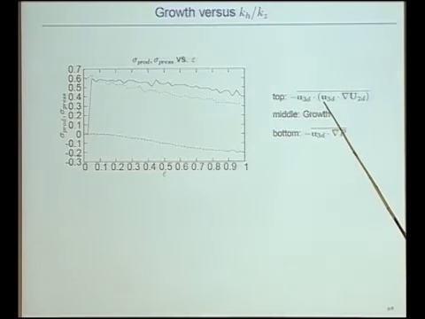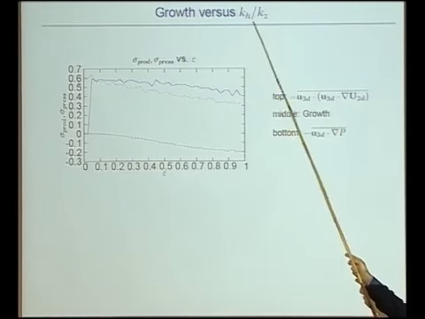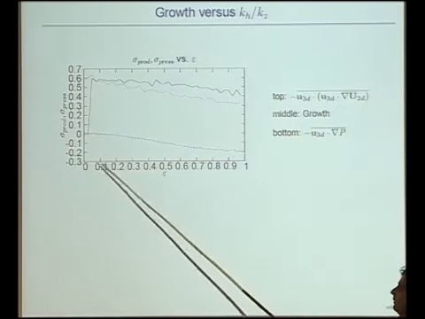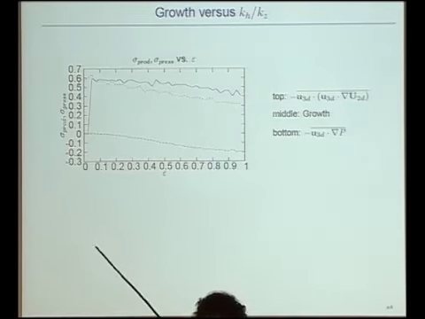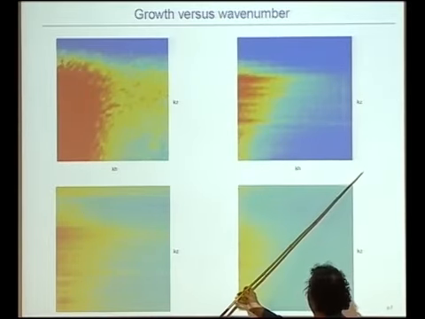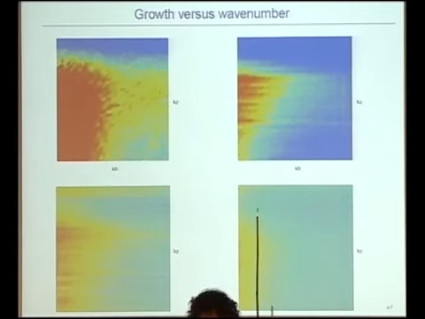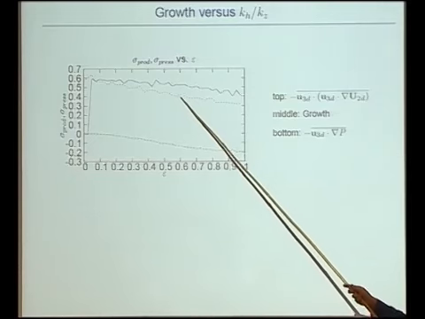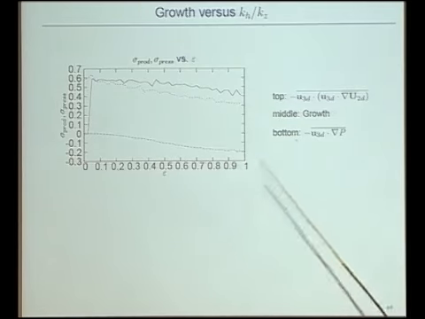Okay? Another way to look at it is to bin the growth, the pressure term, and my advective growth mechanism term according to the spectral aspect ratio. So this is just KH over KZ, my epsilon here, on the horizontal axis going from 0 to 1. So 1 means along this line and small means along this line, if you will.